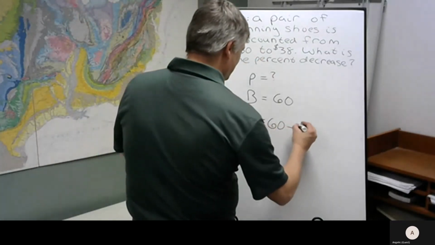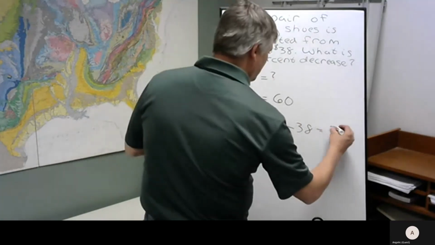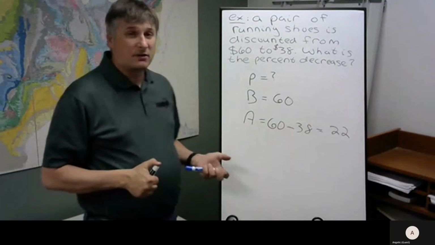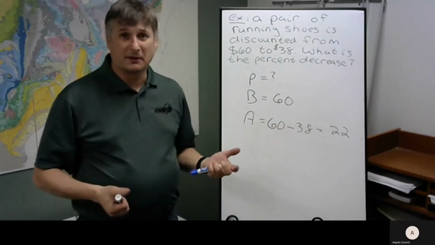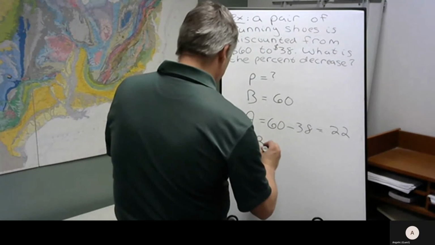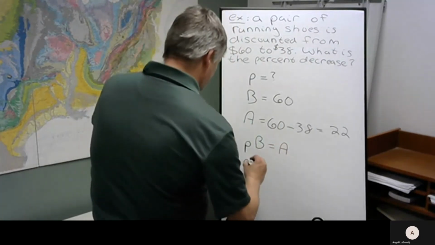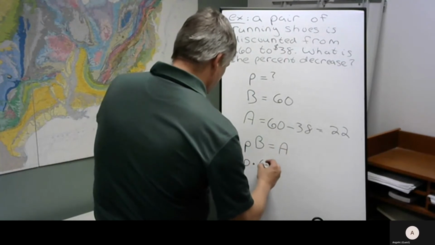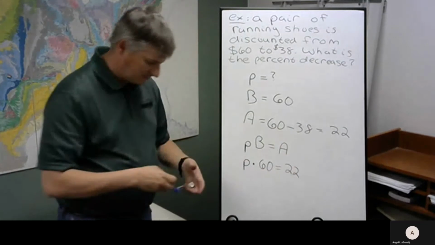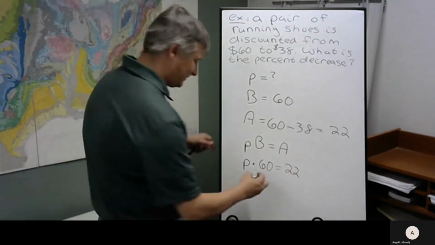It's 60 minus 38, or 22. So now we have all the parts. We just plug them into the formula. And again, to solve for P we'll divide both sides by 60.